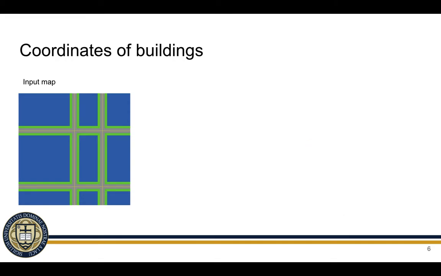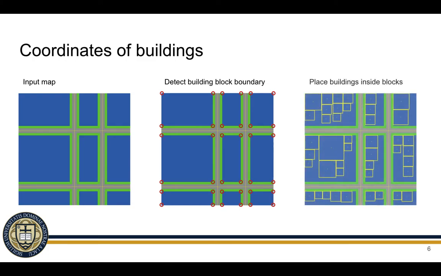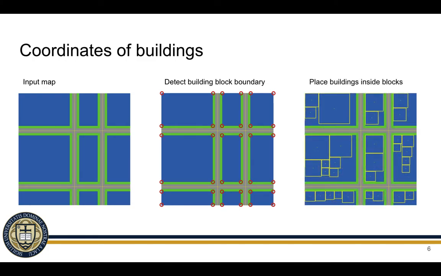Given a layout image, we firstly determine the coordinates of buildings. The blue area represents the blocks where buildings are to be placed. We firstly detect the coordinates of the block boundary and then place buildings inside following an algorithm we designed. The algorithm randomly places buildings in a block from left top to right bottom and leaves as little empty space as possible.